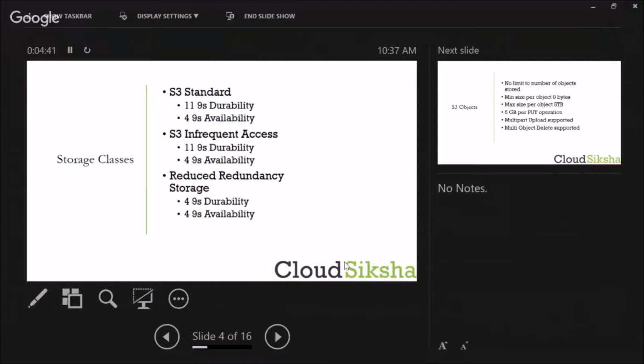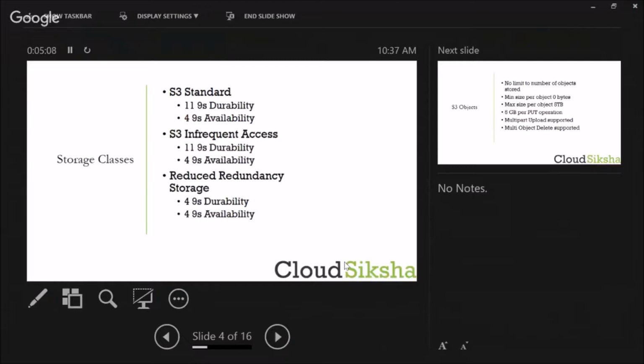So generally in the exams, you get some questions in terms of the cost aspect. So they may ask you, I have this storage, which storage class should I store? Or they would say, how do you optimize the storage? In which case, you have to look at the importance of storage to the organization.